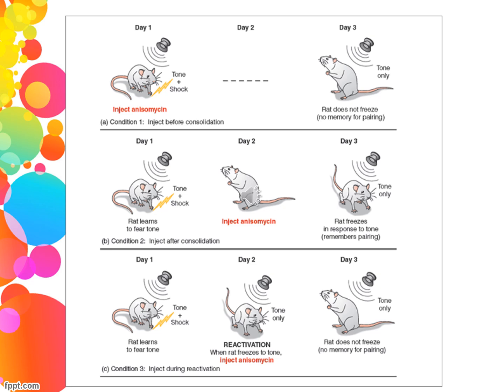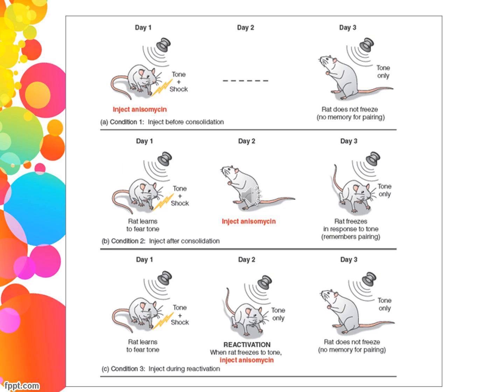For the third condition, they introduce the pairing, the conditioning of tone and shock, on the first day. During the second day, they play the tone again, so it is like retrieving the information from long-term memory to working memory. This time, when the rat responds to the tone by freezing, the experimenter injects the antibiotic.